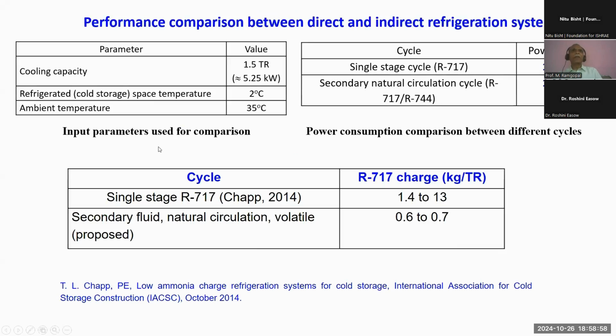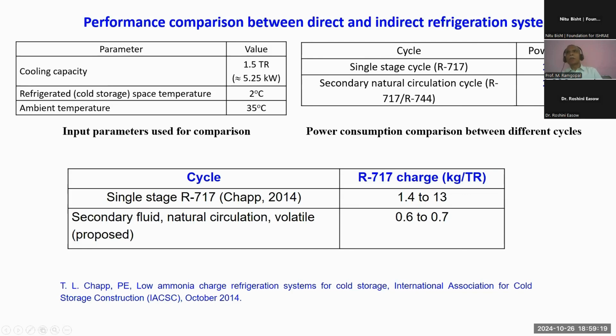So before building the system, we wanted to confirm what exactly we are looking at, what we are losing in terms of the power consumption, etc. So using the thermodynamic and simulation models, we have compared the single stage, conventional ammonia system for this 1.5 TR capacity.